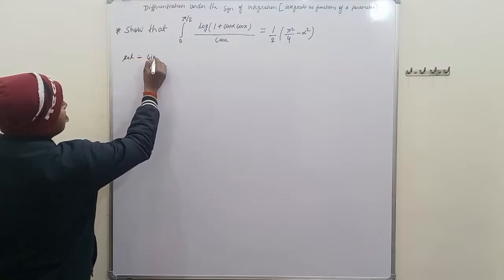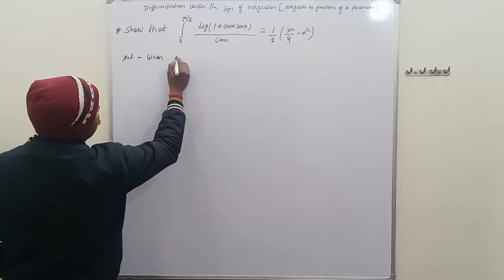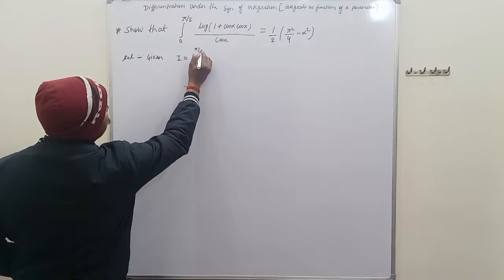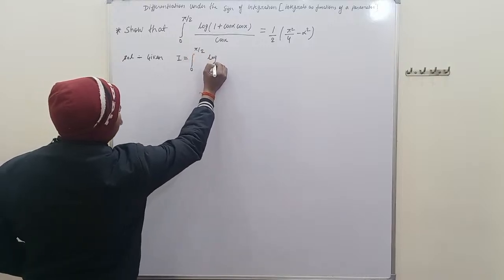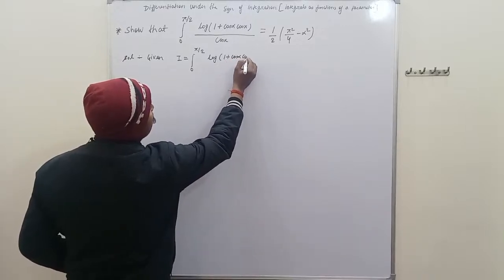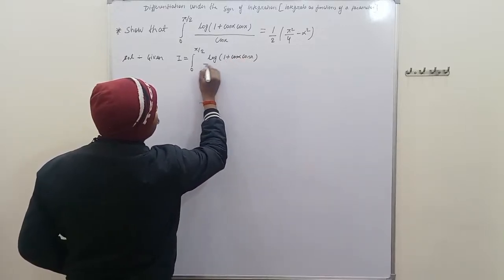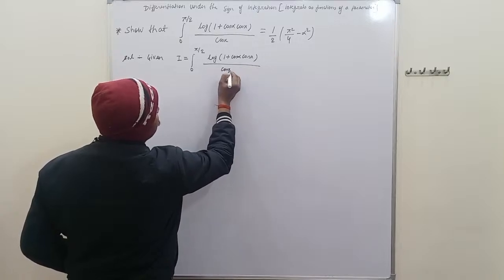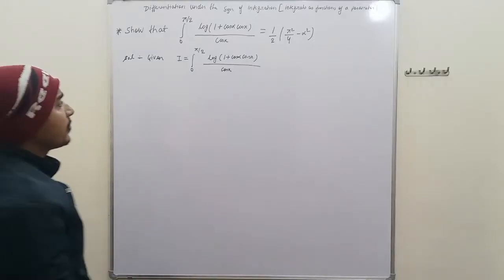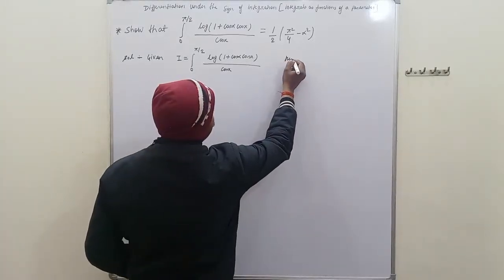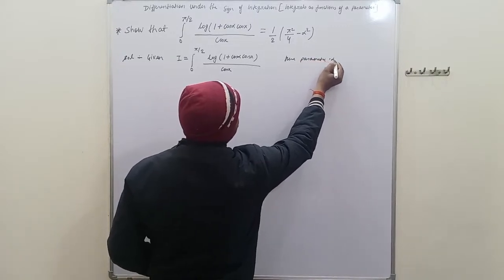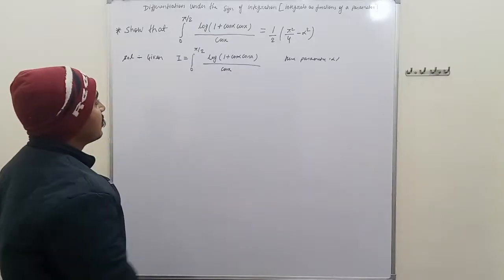The given integral is I equal to the integral with limits 0 to pi by 2 of log of (1 plus cos alpha into cos x) upon cos x, and we have to prove the right hand side. Here the parameter is alpha.